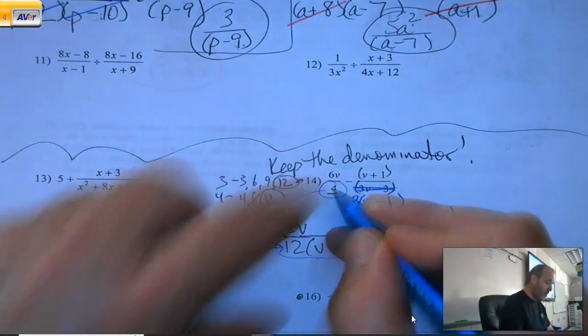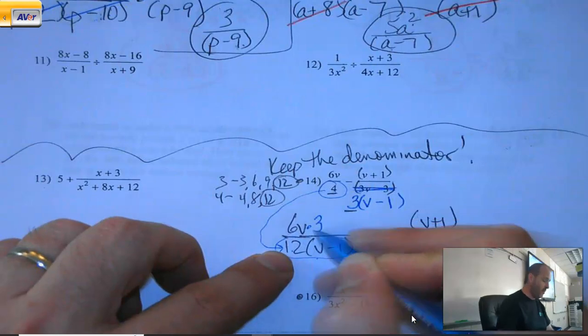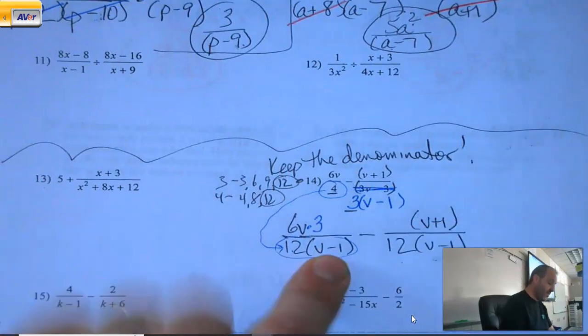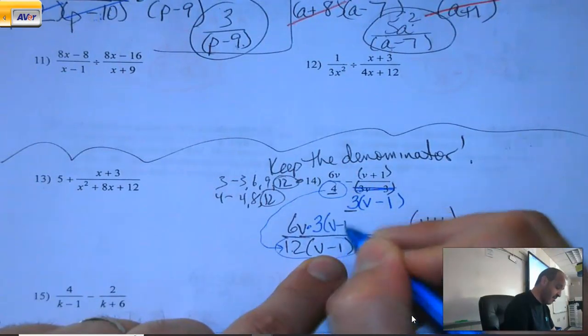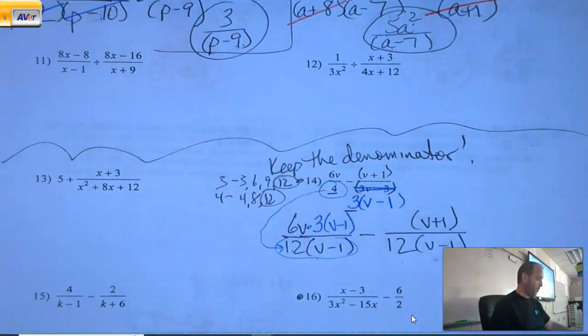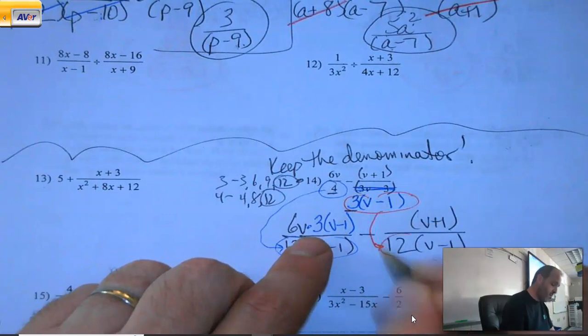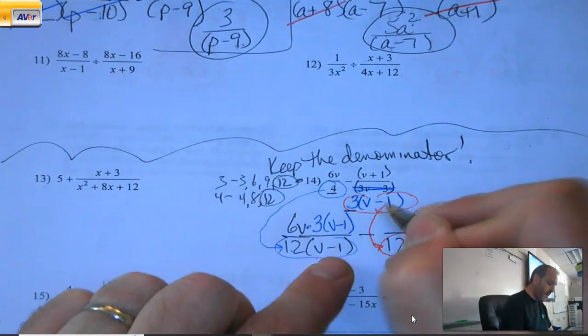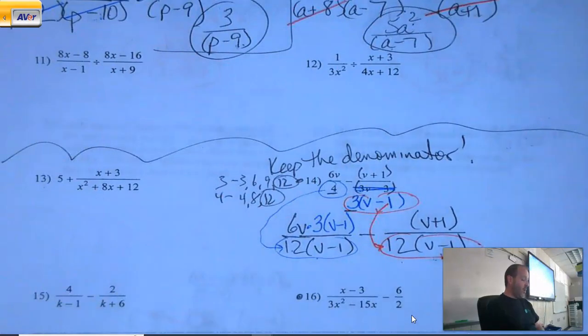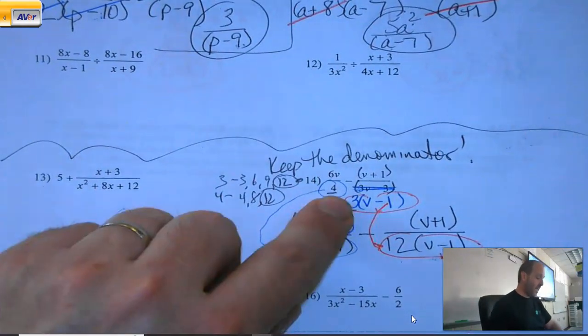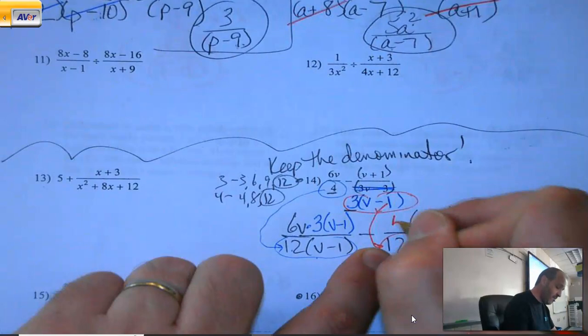Yep, we multiply 4 times 3 to get 12. And we also need the v minus 1 because we didn't have that. Over here, yep, I've got the v minus 1. I just need whatever 3 times what gets me to 12.